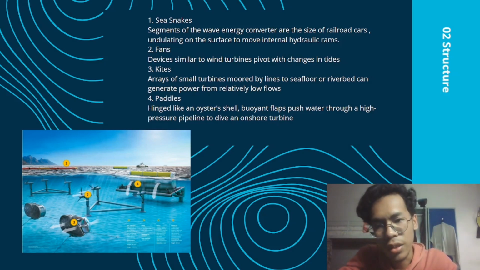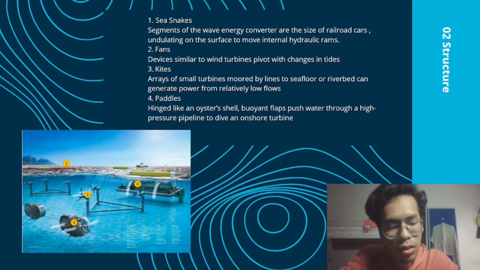And lastly is pedal. Pedal is hinged like an oyster shell, and a buoyant flap pushes water through a high pressure pipeline to drive an onshore turbine. So that's all for me for the presentation.